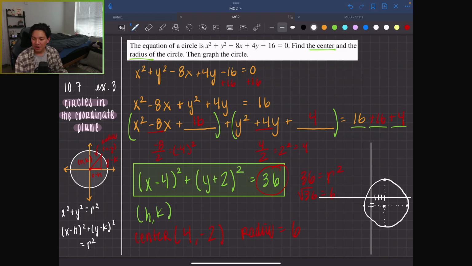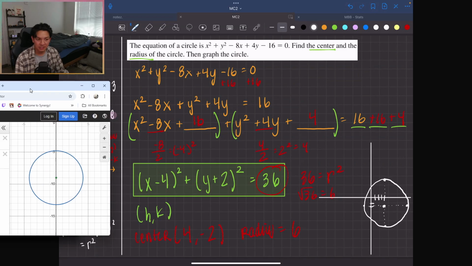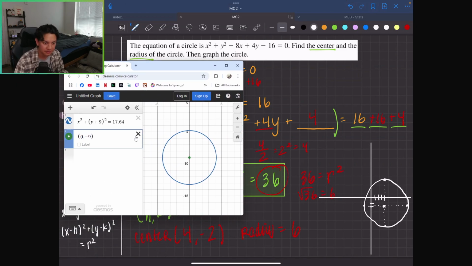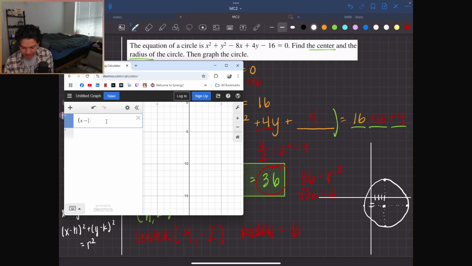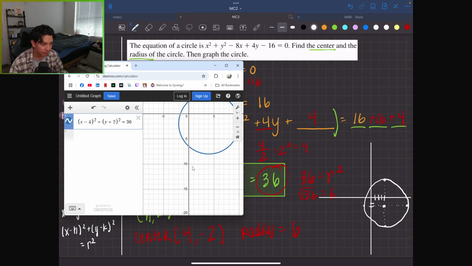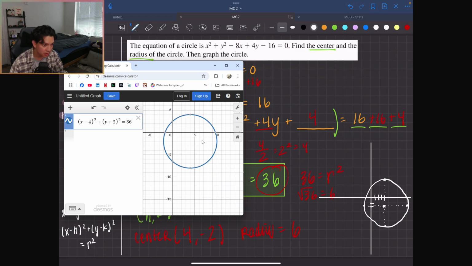But for the intents and purposes of this, let's go ahead and graph this on here. x minus 4 squared plus y plus 2 squared equals 36. Boom! There is our circle.